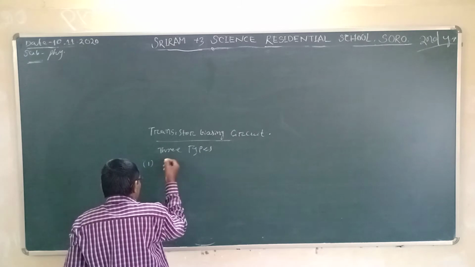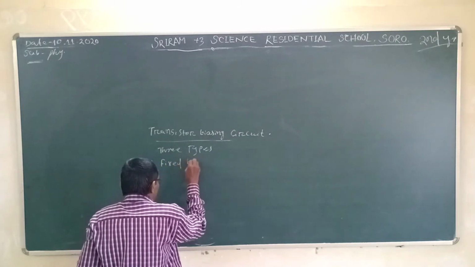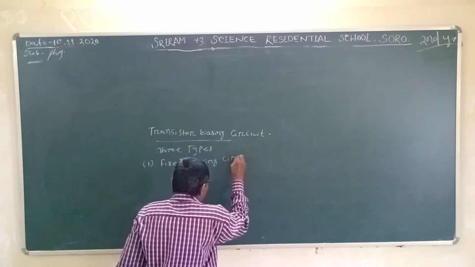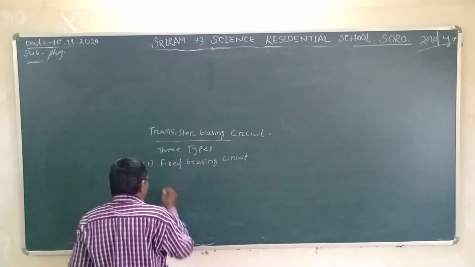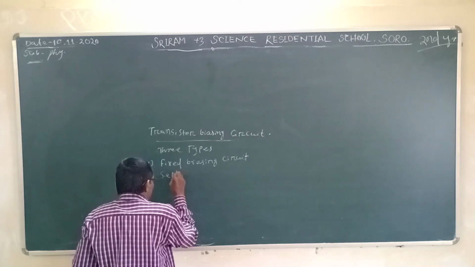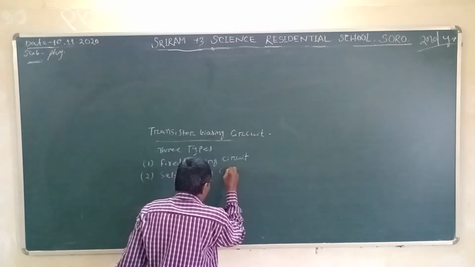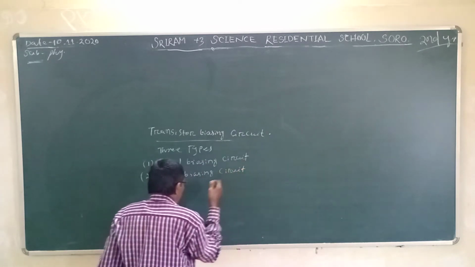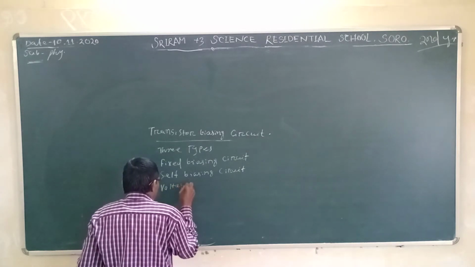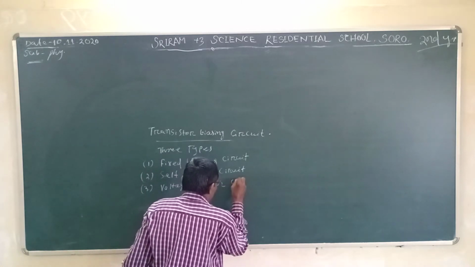First is the fixed bias circuit. Second, the self bias circuit. Third, the voltage divider circuit.